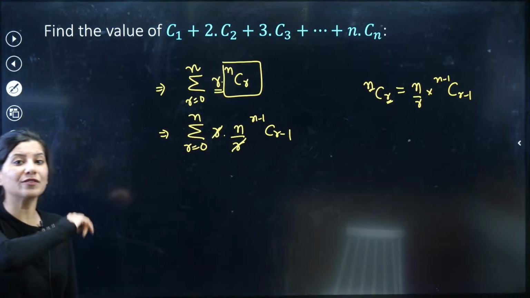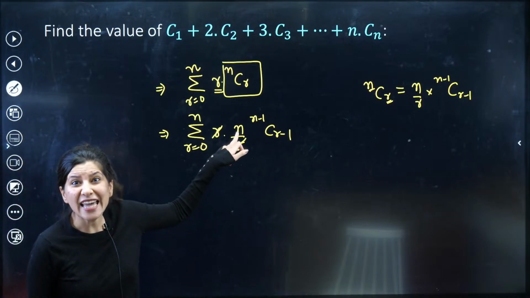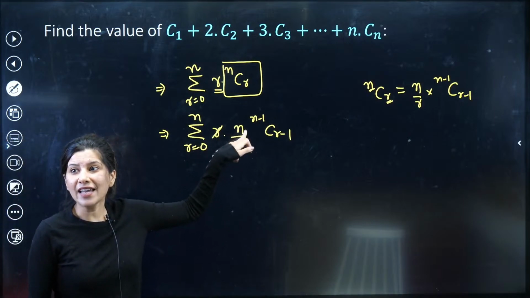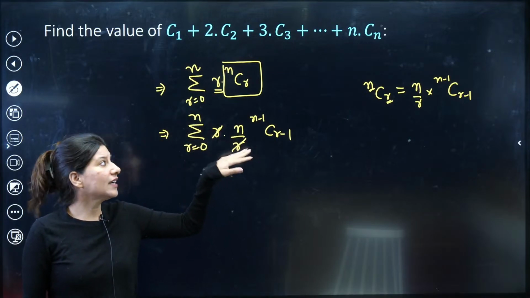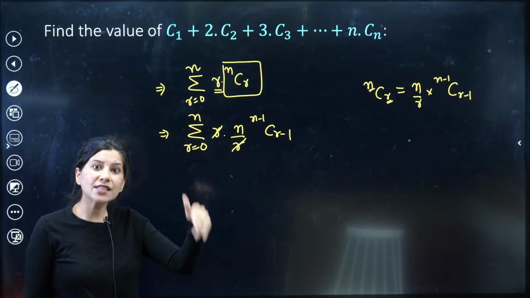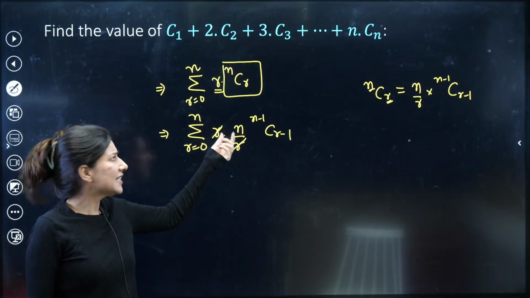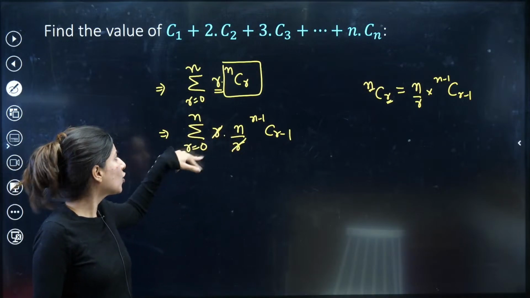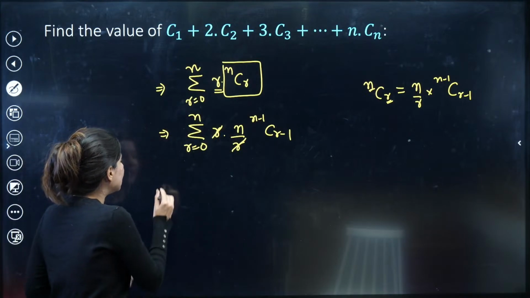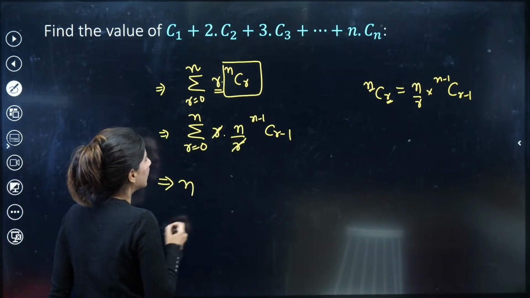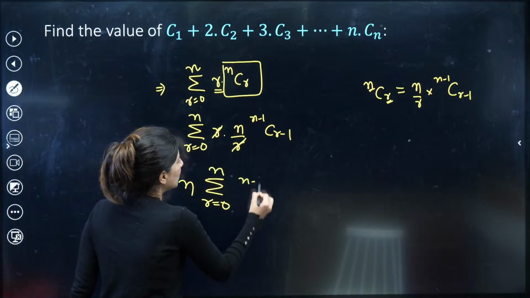I want to get rid of this R. Now you will say, ma'am, okay, you got rid of the R, but you got an extra N. But you know what? This N is actually doing nothing if I talk about the sigma, because sigma is in terms of R. This N can be taken out. N will be outside. Sigma R equals 0 to N, N minus 1, CR minus 1.